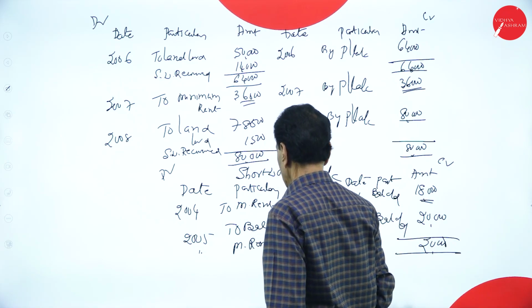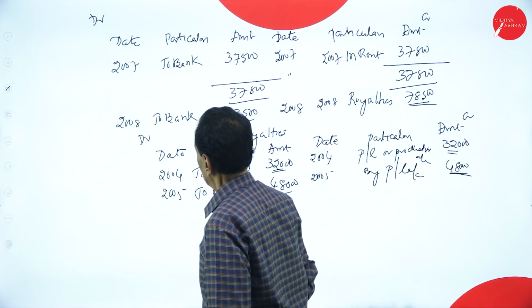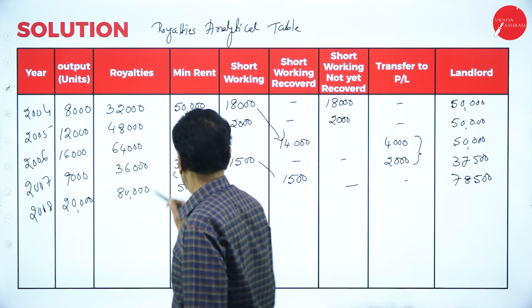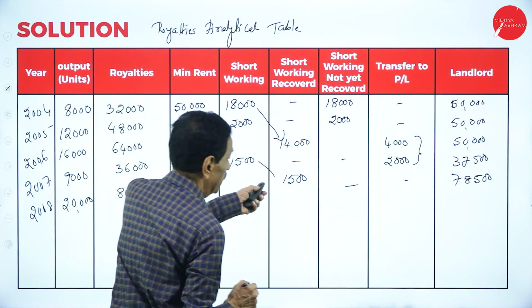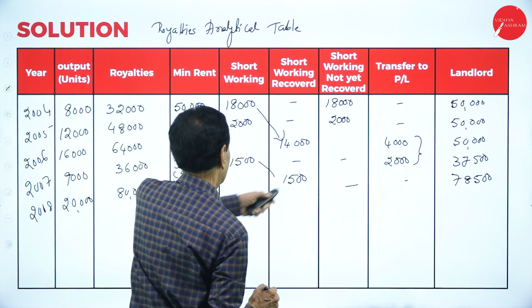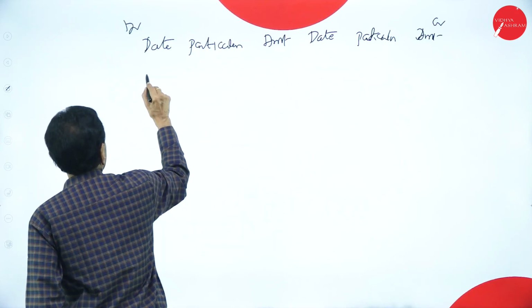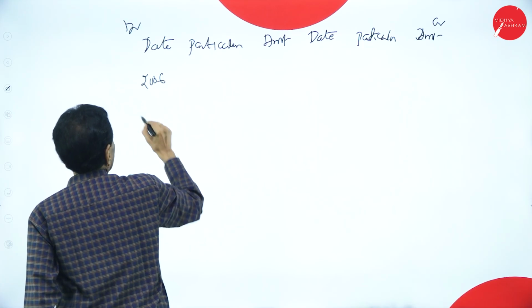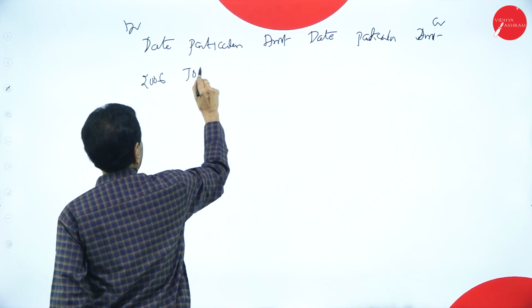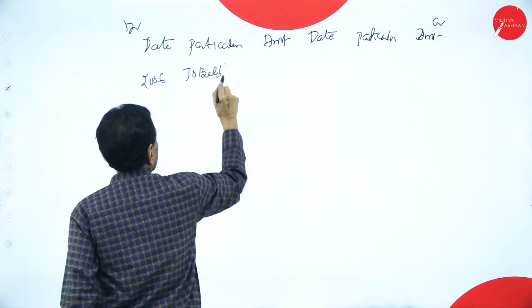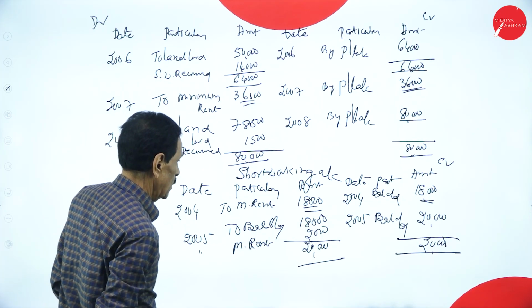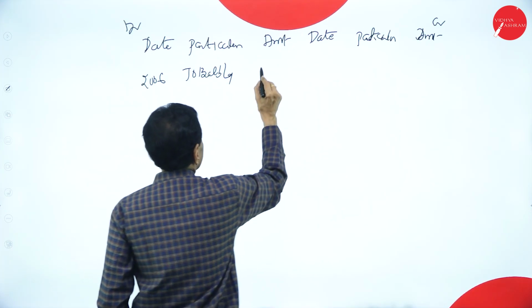How many years are over? 2005, 2006. There is a recovery of 14,000. How much is transferred to P&L account? 4,000. 2006, to balance brought down, 20,000.